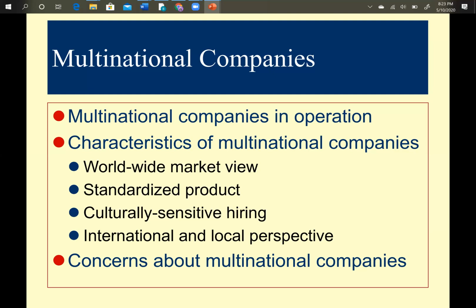You have to be very, very careful when it comes to creating a multinational company, that you're not upsetting others, especially if your foundation, your creation is here in the United States, and now you've got companies in Mexico and parts of Europe and South America, maybe some in Africa. Make sure that you understand that there are going to be concerns about these multinational companies.